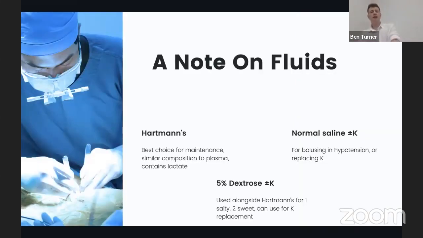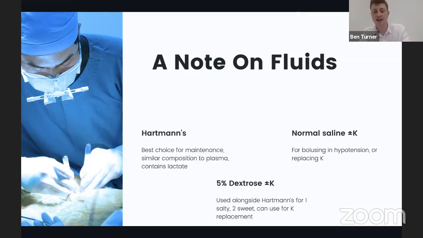So just a brief note on fluids, because I think this is something that's incredibly poorly taught in med school, and you start playing with it on the job, and no one really ever goes into what should be used when. But generally, the surgical fluid of choice should be Hartmann's solution, because it is the most similar to plasma.